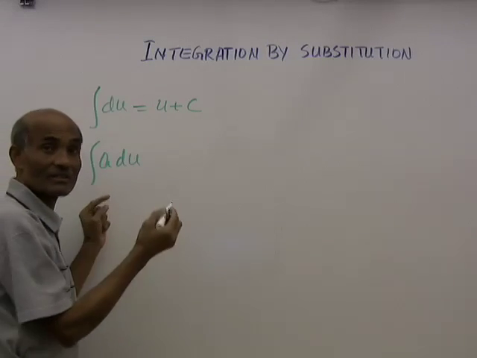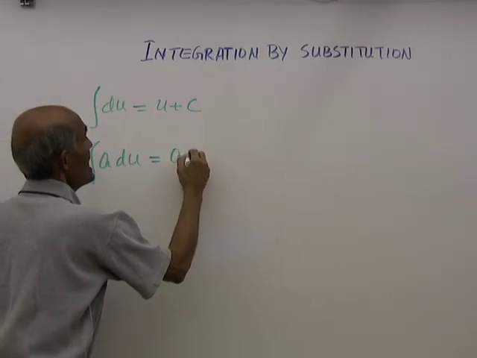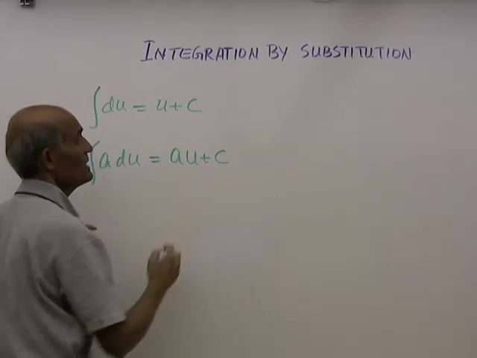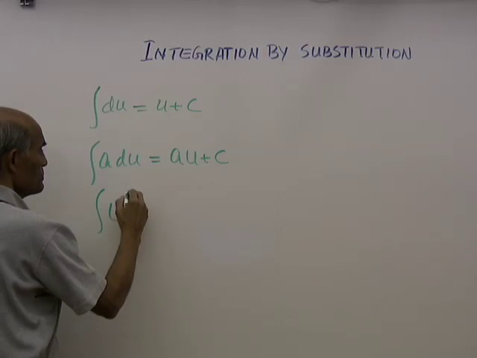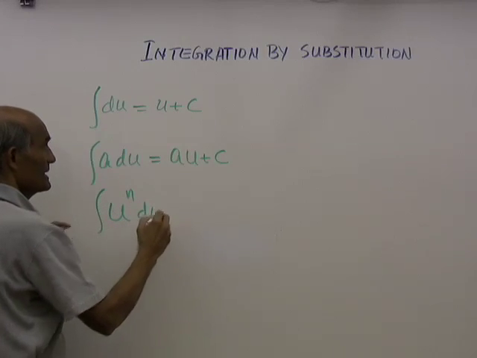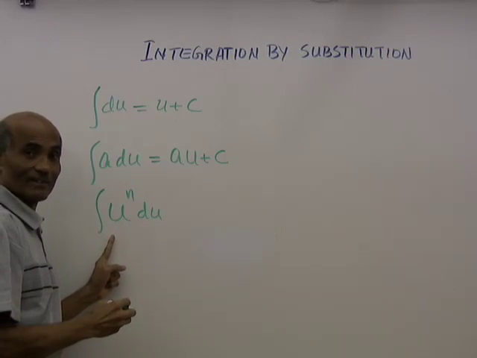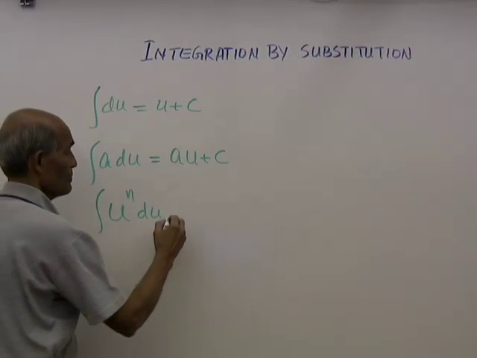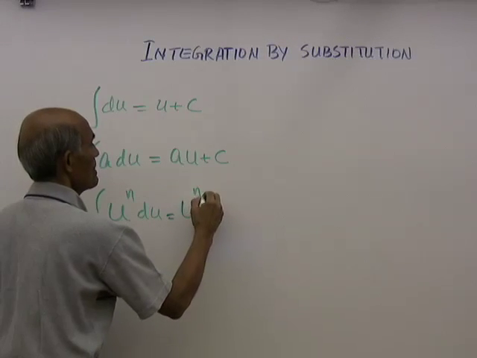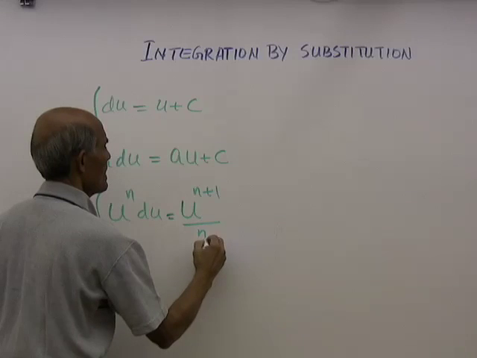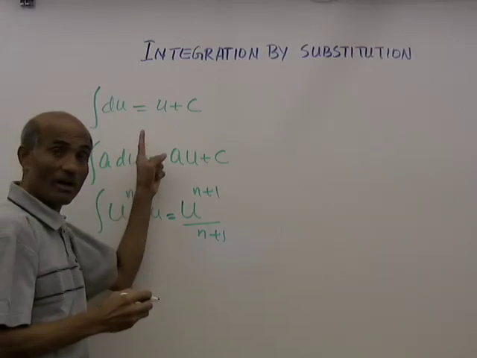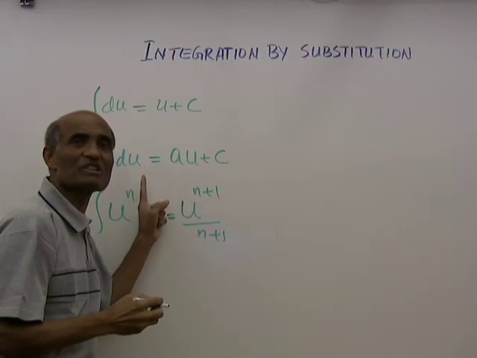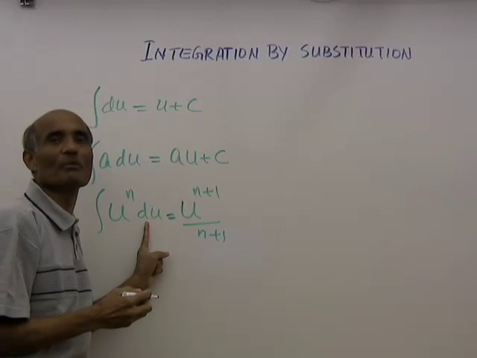A is a constant, that will be au plus c. How about integral u to the power of n du? That is the power rule, which is u to the power of n plus 1 over n plus 1. These are the basic integration rules that we already know.